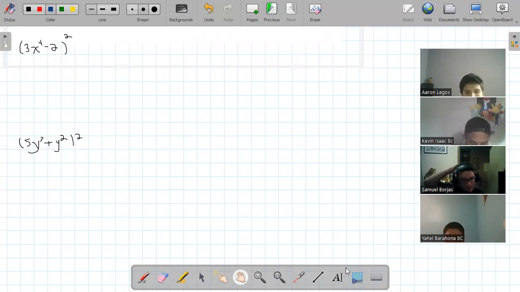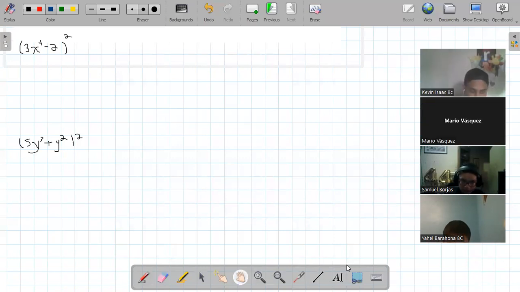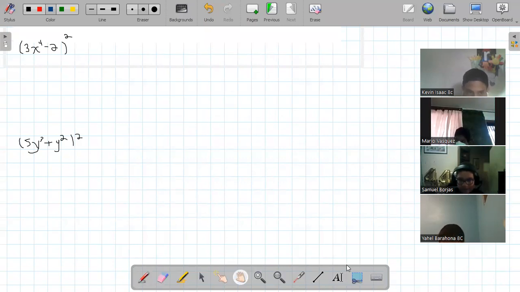So remember, we have 7 formulas for multiplications of binomials, and 2 of trinomials, okay? In those, we have addition of perfect square, subtraction of perfect square, difference of squares, addition of perfect cube, subtraction of perfect cube, and then the ones that have a binomial and a trinomial, that would be difference of cubes and sum of cubes.